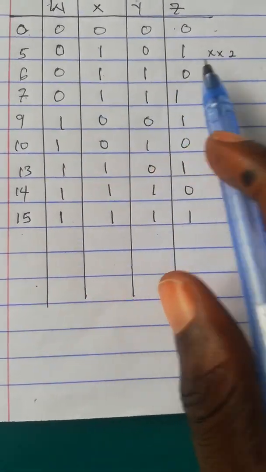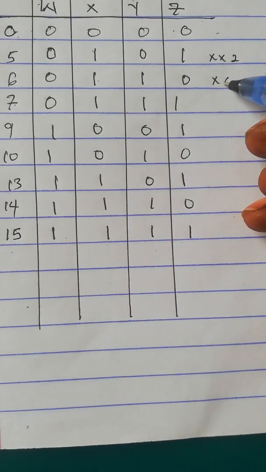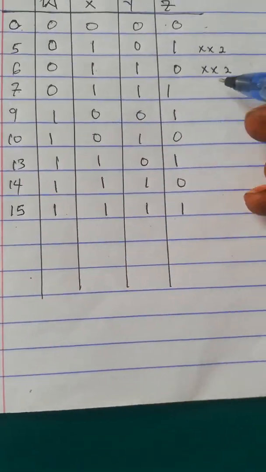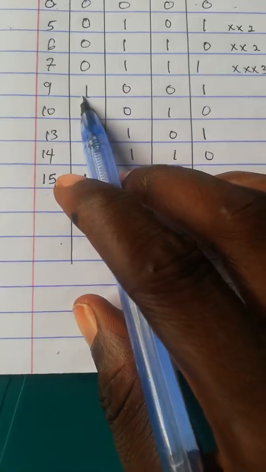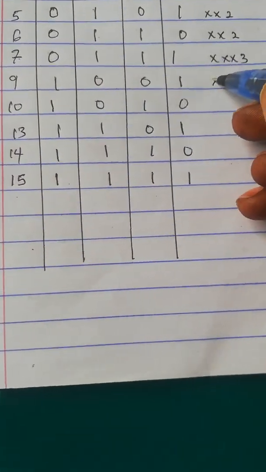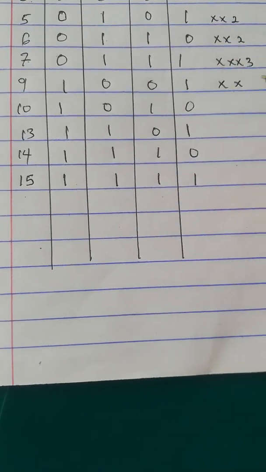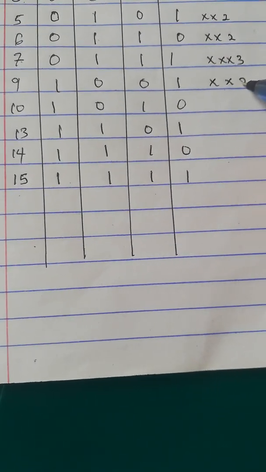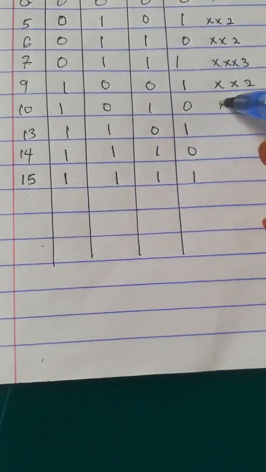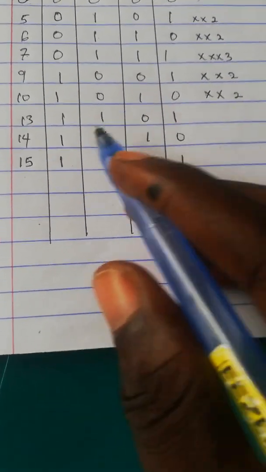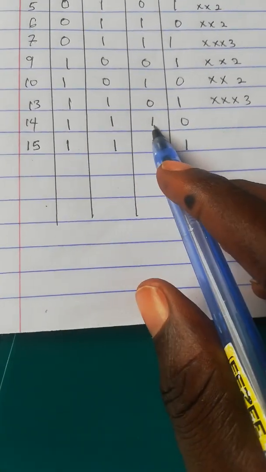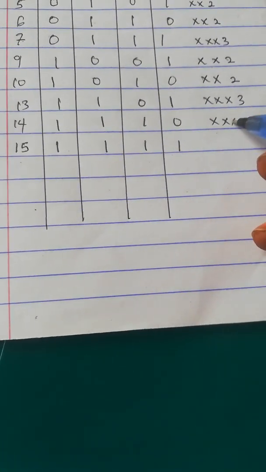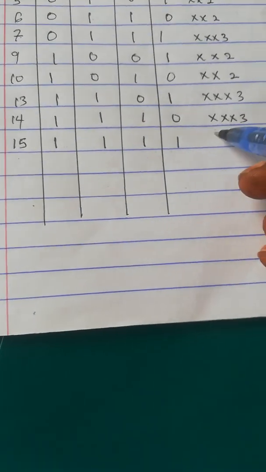For this one we have 2, for this one 3, for this one 2, for this one 2 again, for this one 3, for this one 3, and for this one we have 4.